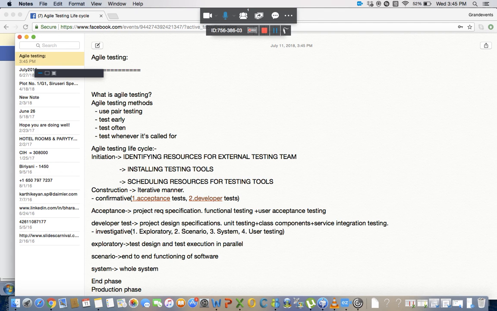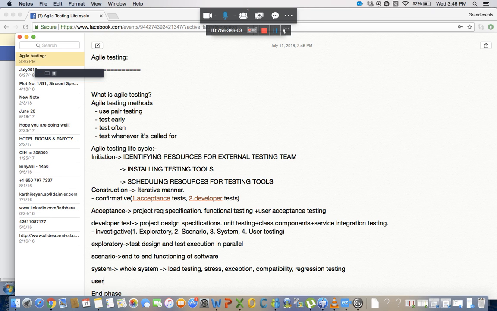So many types of testing like load testing, stress testing, exception testing, compatibility testing, and integration testing are considered here. So the integrated system will be tested to verify the specified requirements.